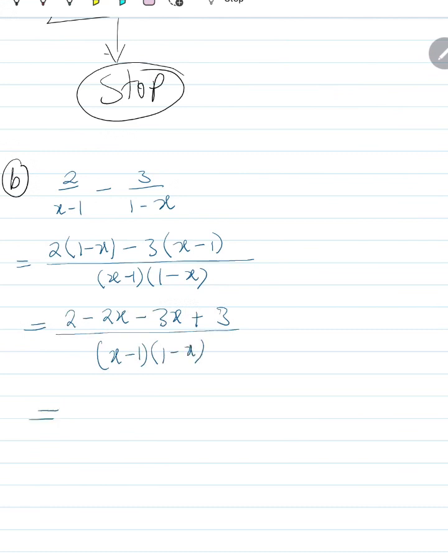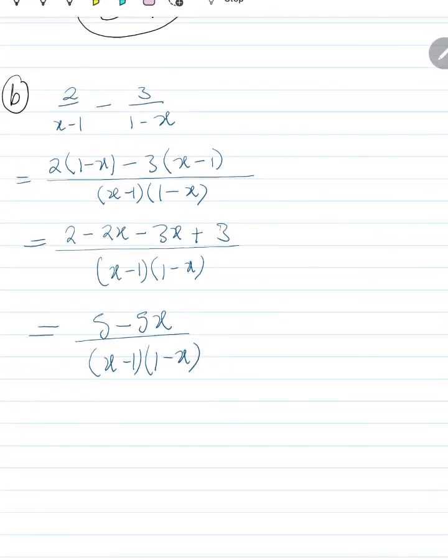Okay. So this is 2 plus 3 is 5. Then 2 minus 2x minus 3x is minus 5x. Okay. Everything divided by x minus 1, 1 minus x.